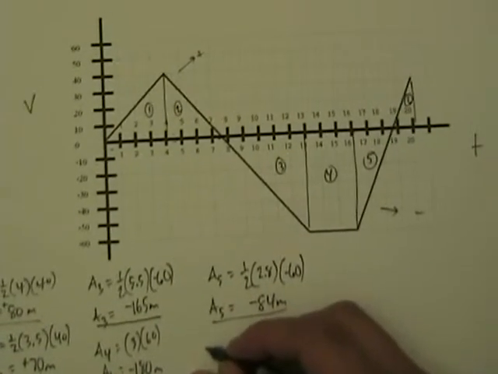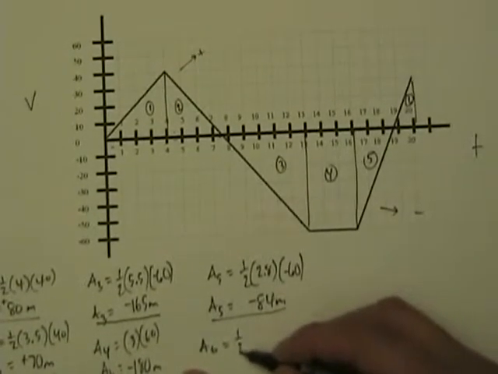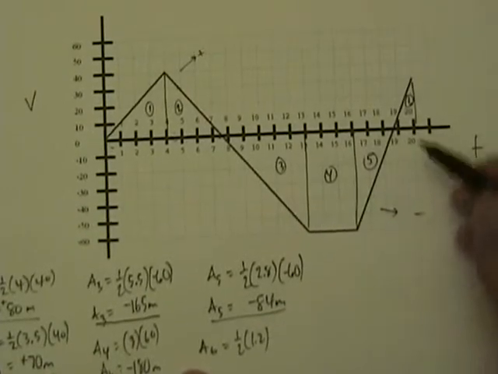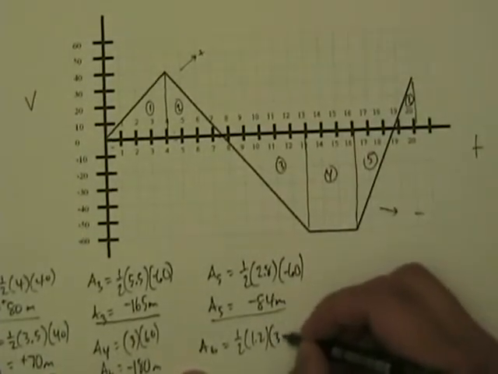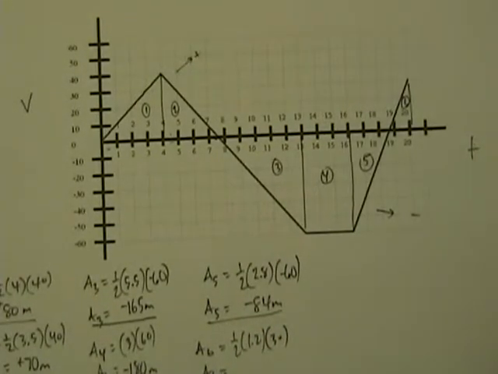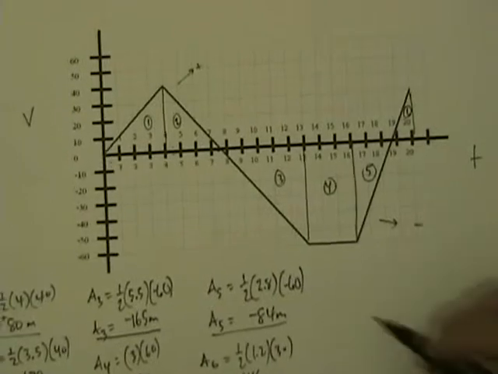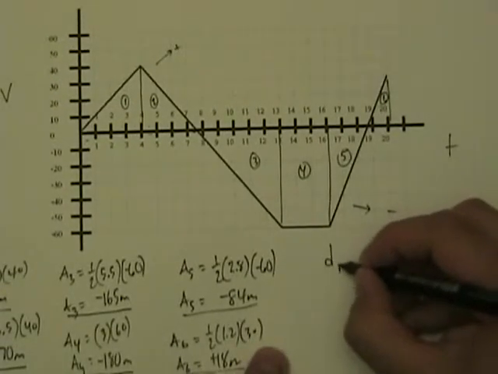And finally a 6. A little guy at the top here, that's going to be 1.2 is the base. The height is 30. So that's going to end up being 1.2 times 30 divided by 2. So that's going to be 18. Positive 18 meters. Whew.